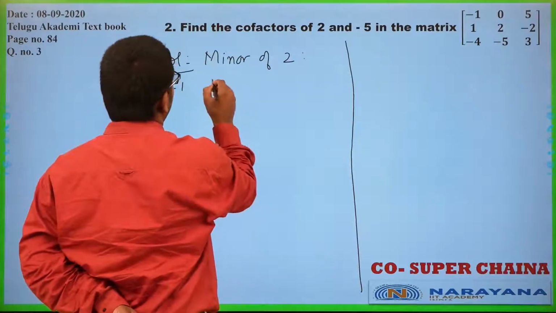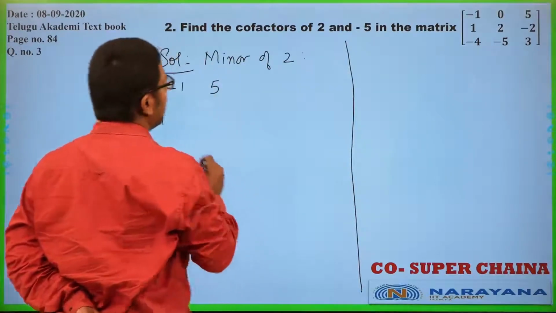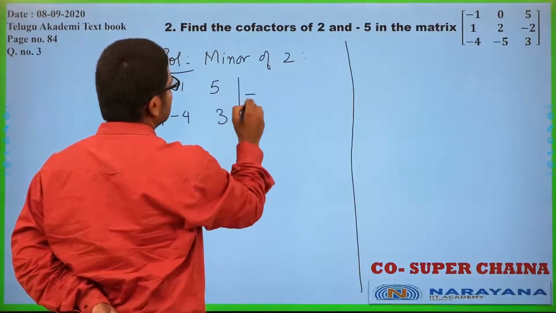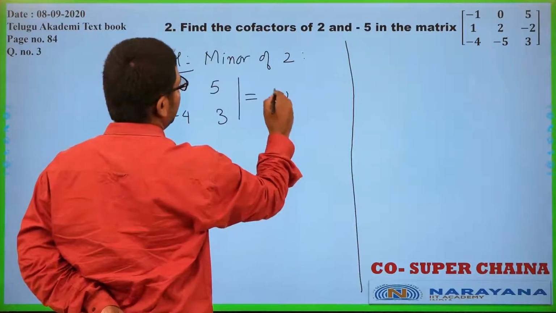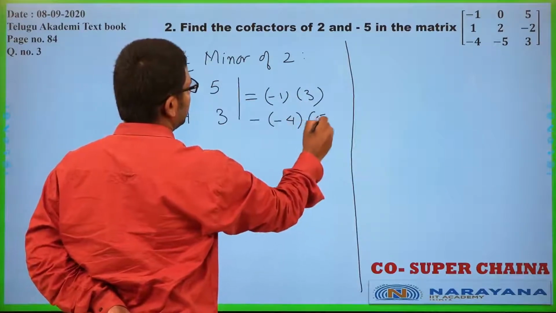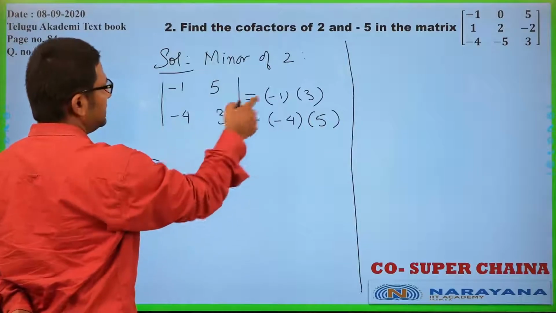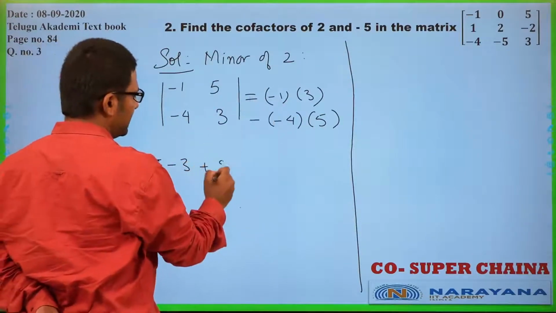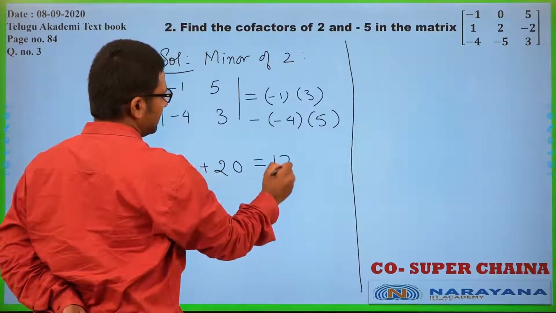This determinant is -1, 5, -4 and 3. This is equal to -1 into 3 minus -4 into 5, that is -3 plus 20, that is 17.